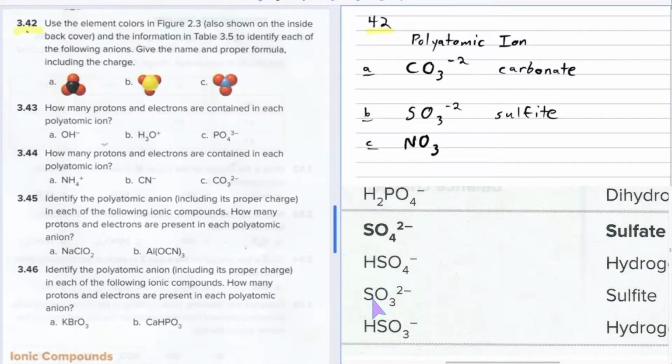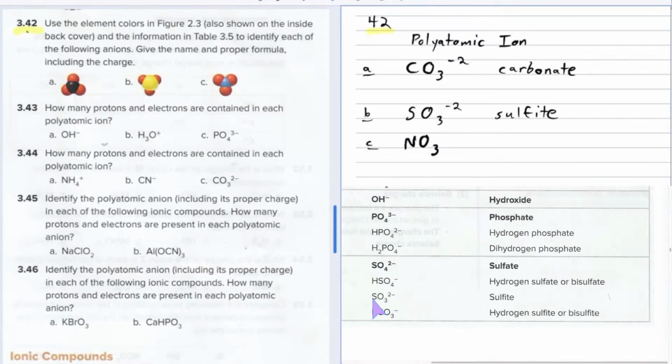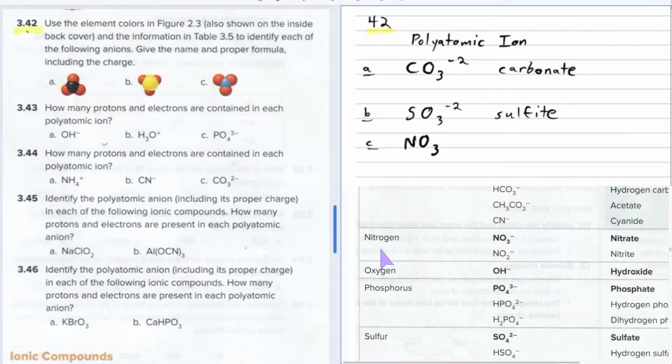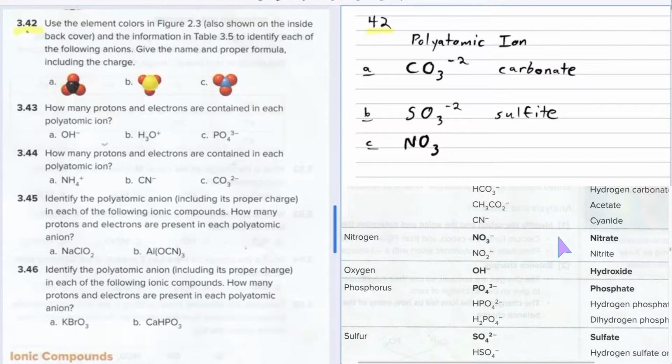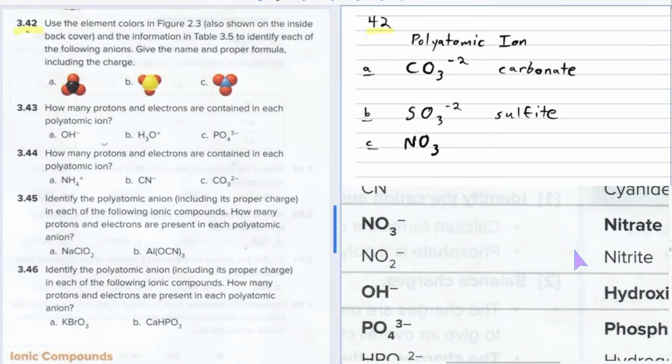And then finally, NO3, let's look for nitrogen. Where's it at? Nitrogen. You got nitrate and nitrite. We're talking about NO3. So that's a nitrate, and charge is minus 1. So minus 1, and it says nitrate.